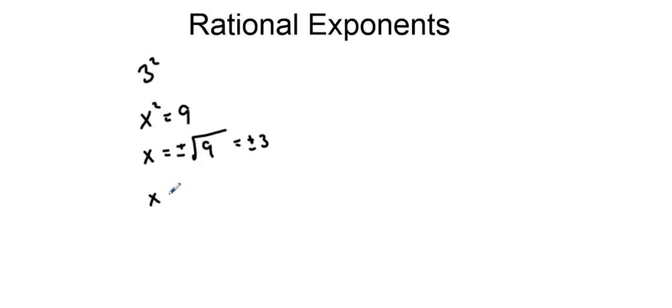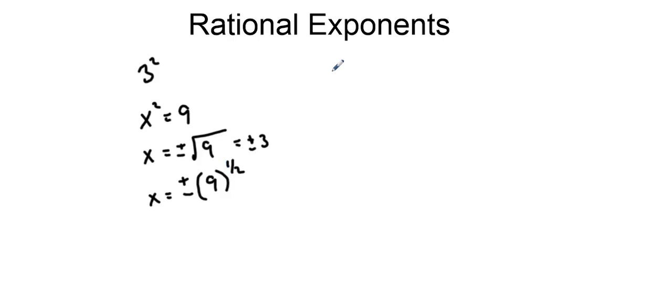The square root of 9 can actually be rewritten as 9 to the 1/2 power. Pretty cool, huh? Yes, 9 to the 1/2 power is the same thing as a square root.